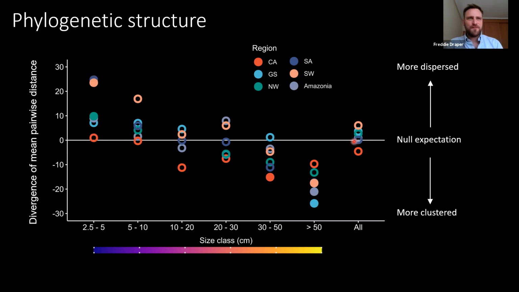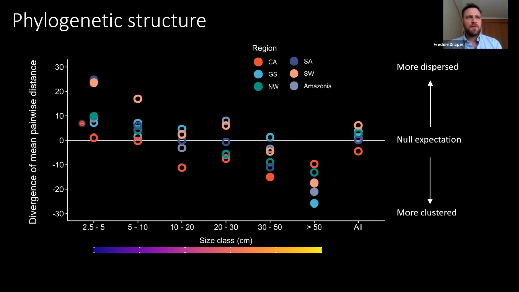Again, it's quite a complicated figure, but you can interpret points above the line as more dispersed across the phylogeny than we'd expect by chance. And points below the line represent groups of hyperdominant species in a particular size class in a particular region that are more clustered than we'd expect by chance. And we see this contrasting pattern across size classes.